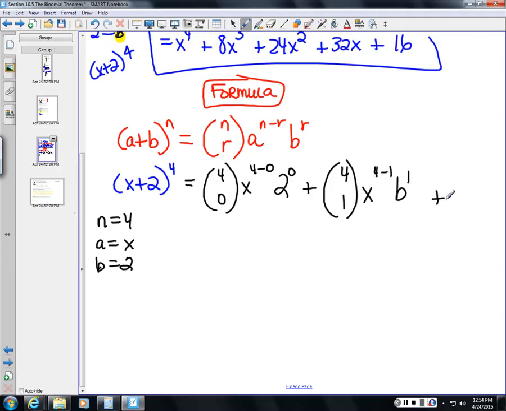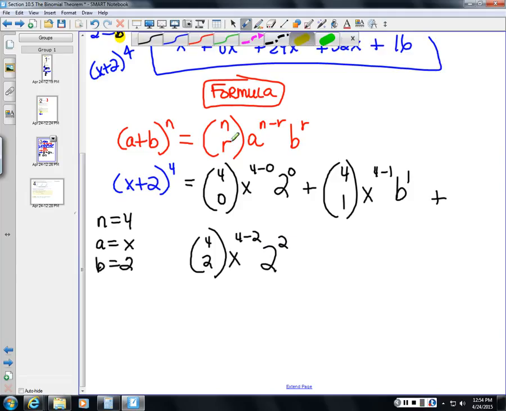And then plus, and of course I'm going to have to go to a new line here, plus 4, and r goes to 2 now. x to the 4 minus 2 this time, and then 2 to the 2nd power. All that's changing in each sequence here is the r. And we know when to stop when we get to 4, because when r and n are equal, that's when we stop.